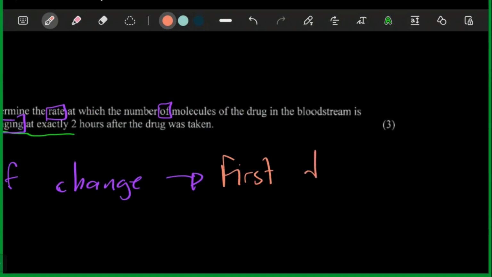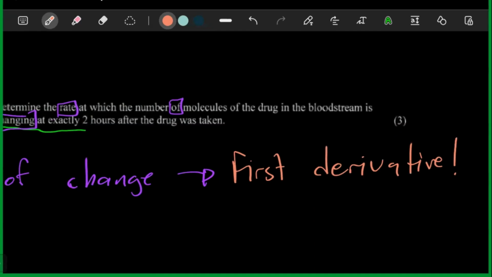First derivative. So that's super important, right?